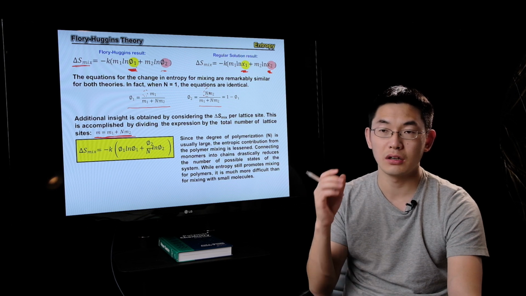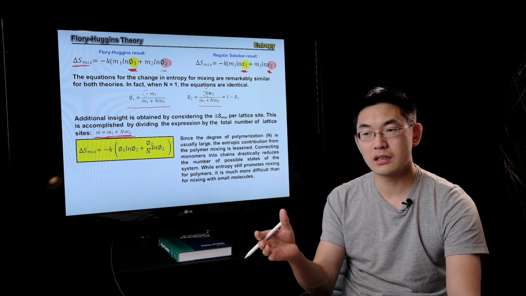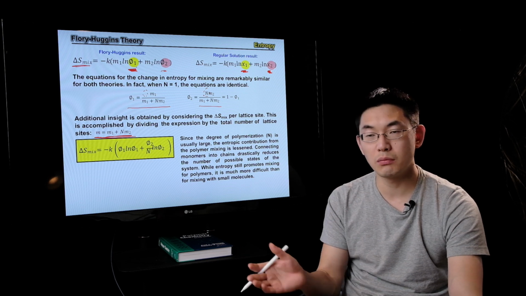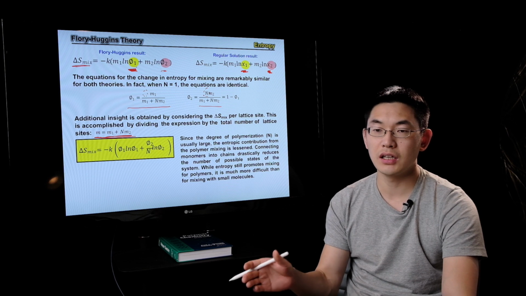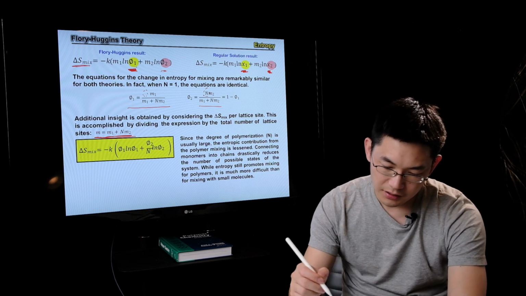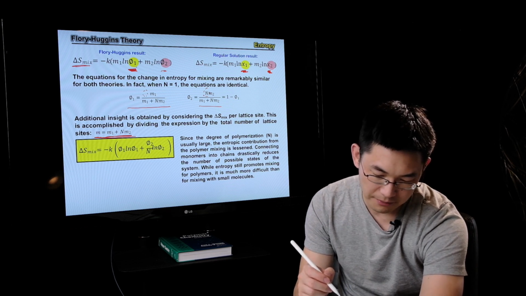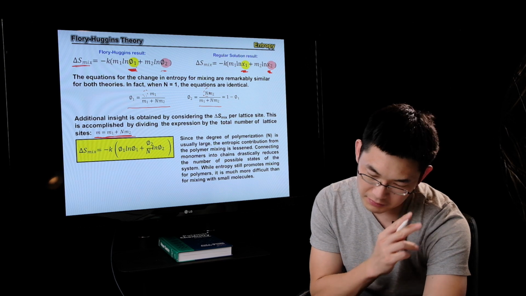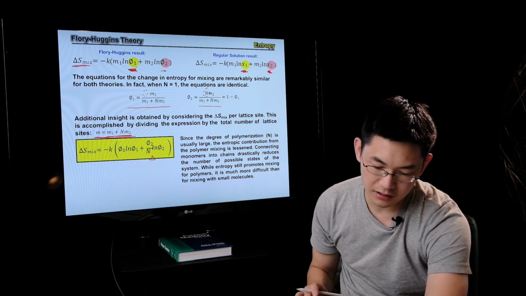Then I can totally mix hexane. You know, if you have different moles, the delta S will be different, but if you normalize by number of sites, then you can calculate how each individual site differs from each other. And because the degree of polymerization term is there, it will be reflected here as well.